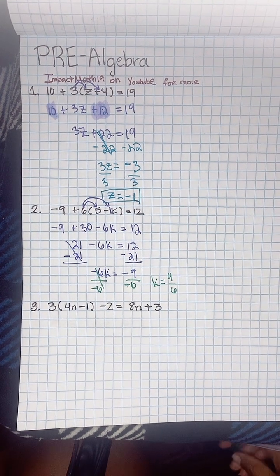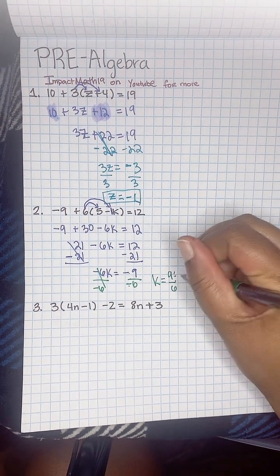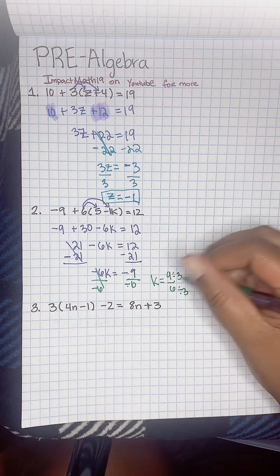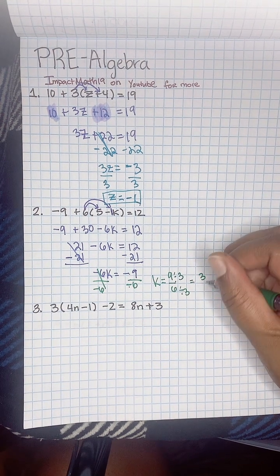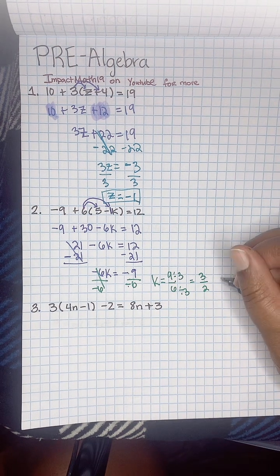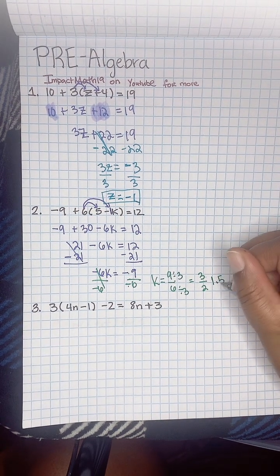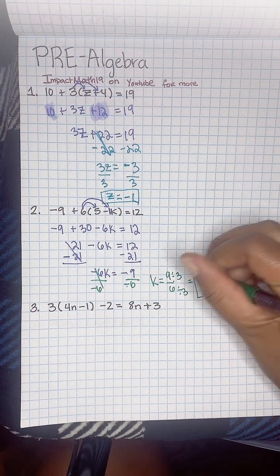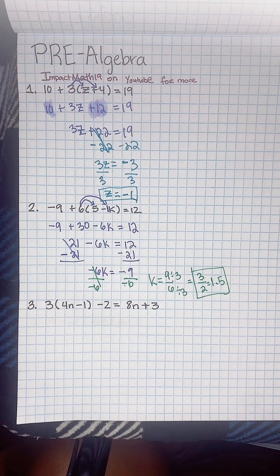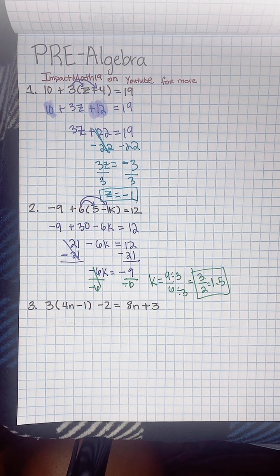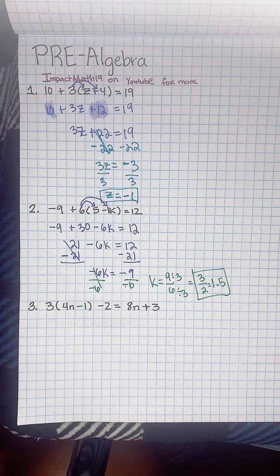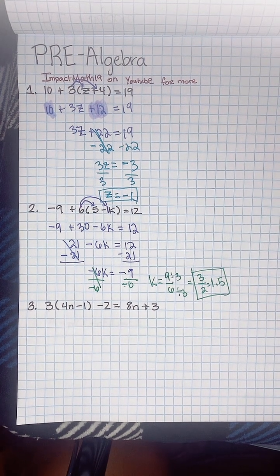I saw some people putting it in as a decimal. But if I divide this by 3, then I end up with 3 halves. And if I split $3, remember that's $1.50. So either of these would work: 3 halves or 1.5. Good. All right, let's continue.